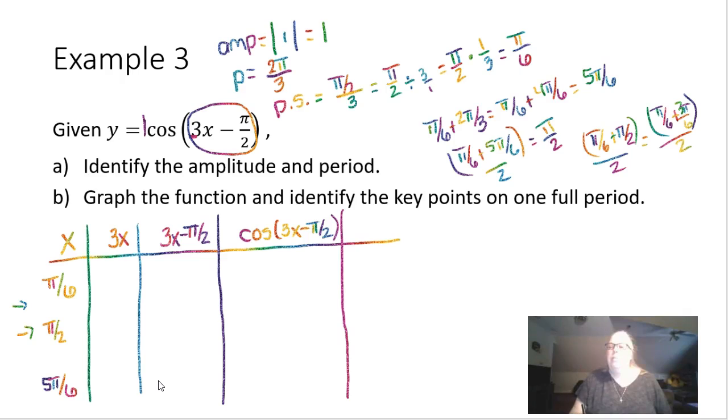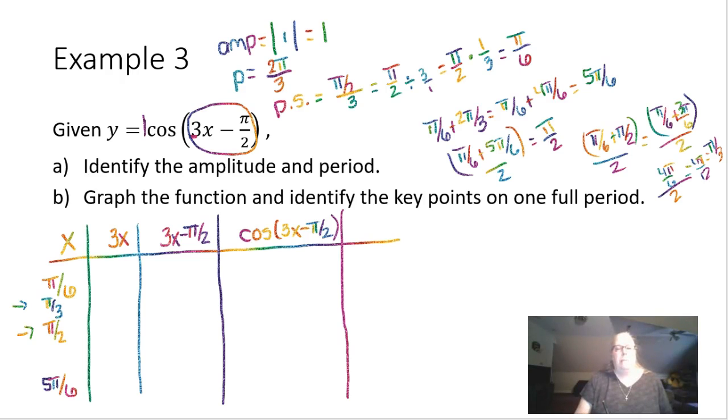Pi over 6 plus 3 pi over 6, that's going to give me 4 pi over 6. And then this is divided by 2. And then if I put that in my calculator, it's going to give me 4 pi over 12, but that reduces to pi over 3. My angle right here is going to be pi over 3.